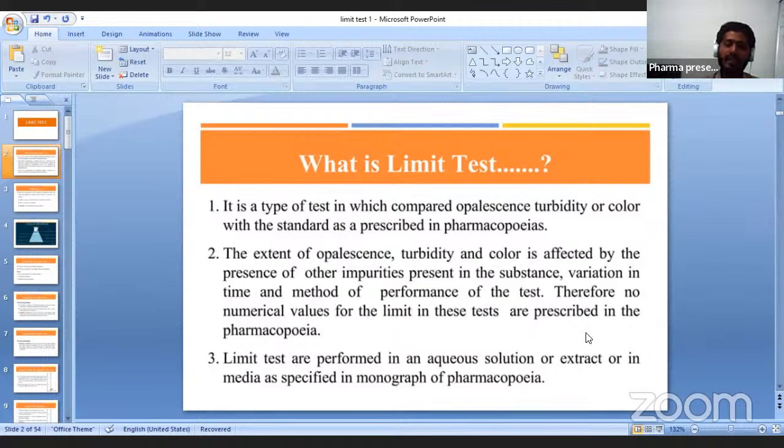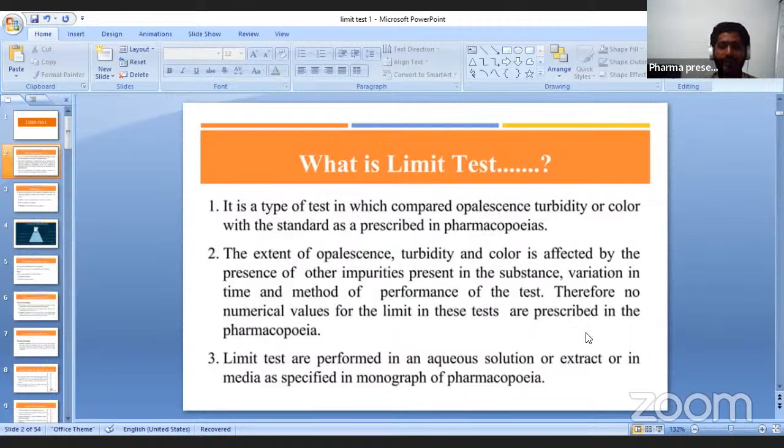So here, there are certain limits that are given. Beyond that limit, if these impurities are there, they are harmful and not acceptable, because we are dealing with pharmaceuticals, we are dealing with medicines, so we need harmful, toxic impurities to be under control.